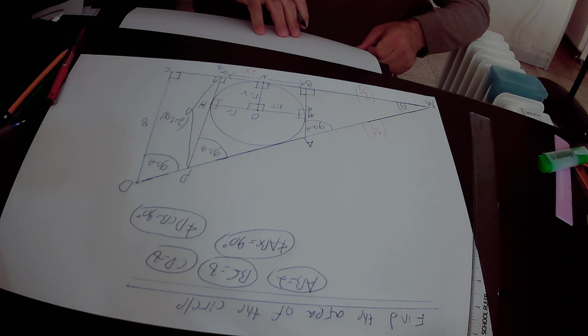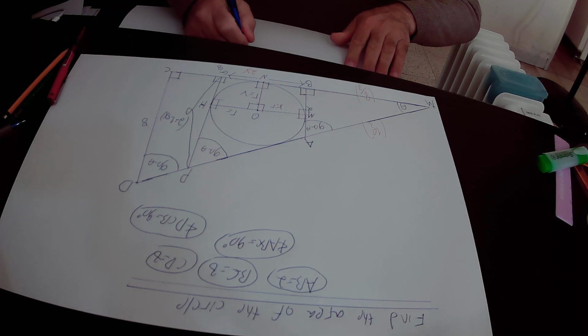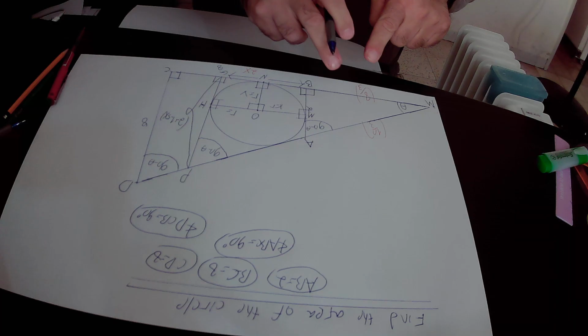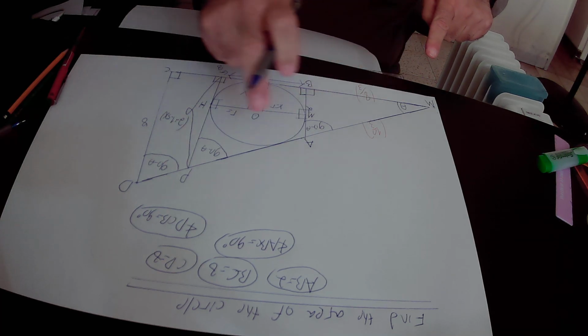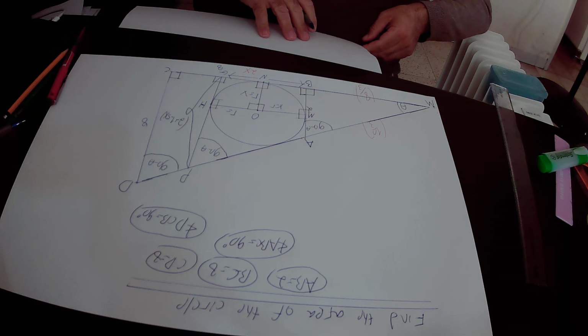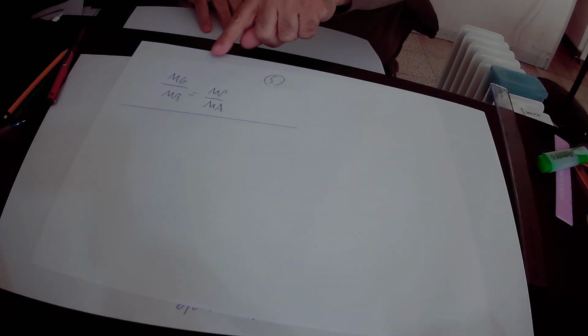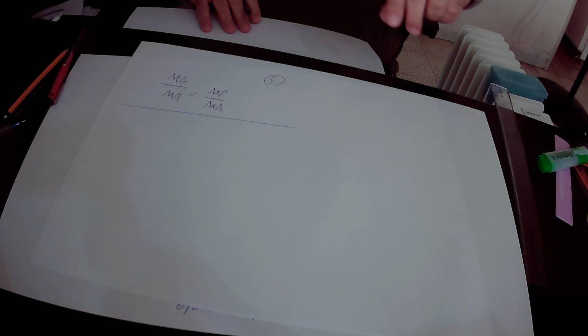Okay, repeat again. From the fact that this triangle is similar to the big triangle, we conclude that the following relationship exists between their sides: MG over MB equals MP over MA.